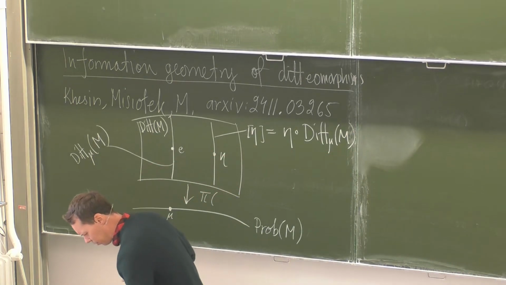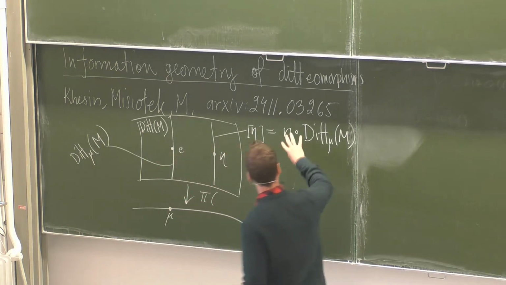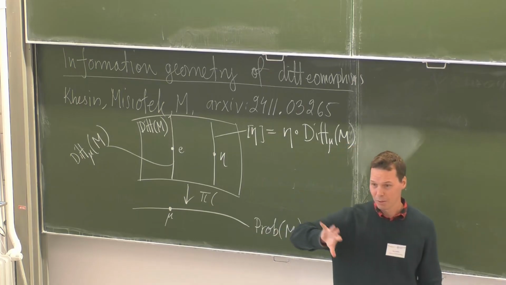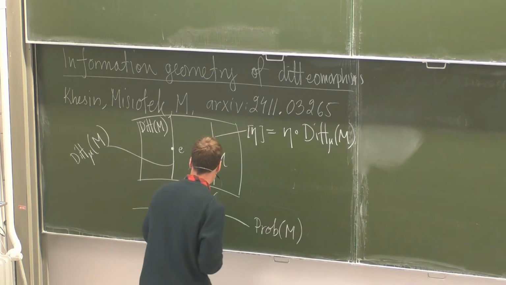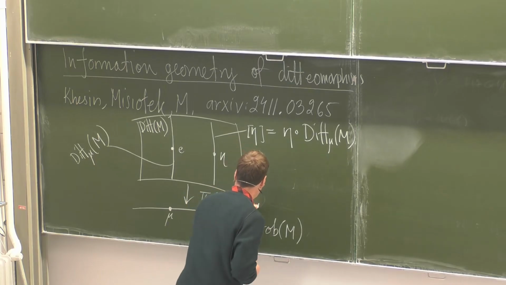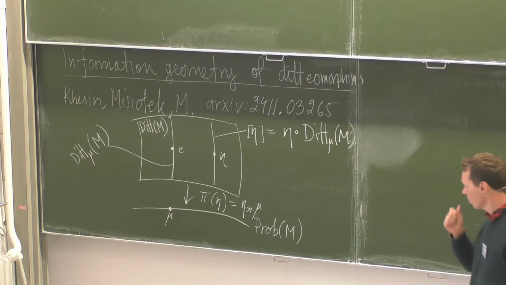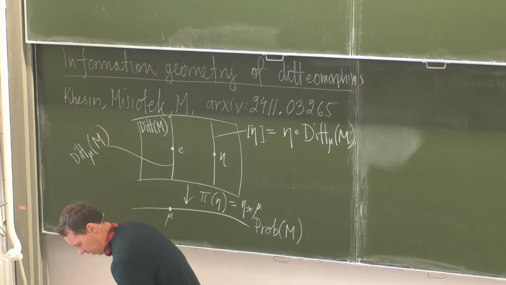It's always a bit confusing because the eta is on the left here, so this is called the left coset. Later on, we will talk about the right cosets, and then it's the other way. And if you do it like this, then the projection here will be just the push forward of the reference volume form by eta.